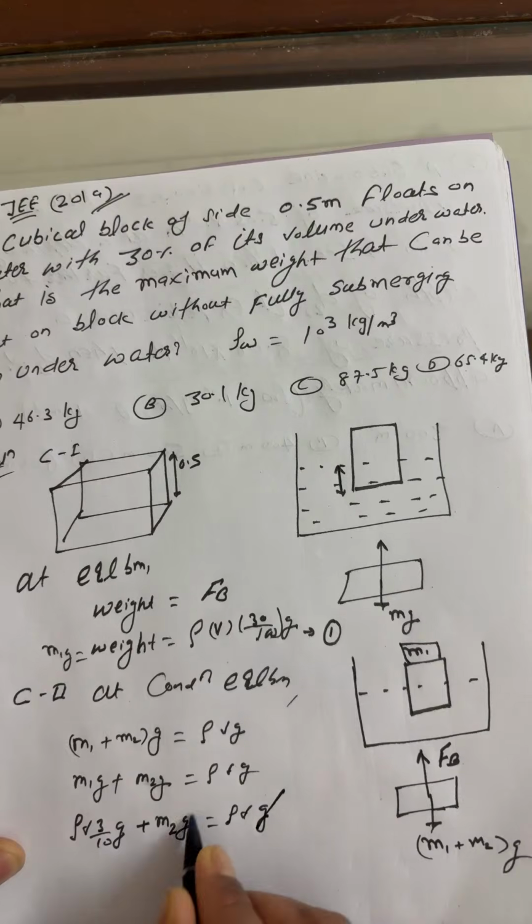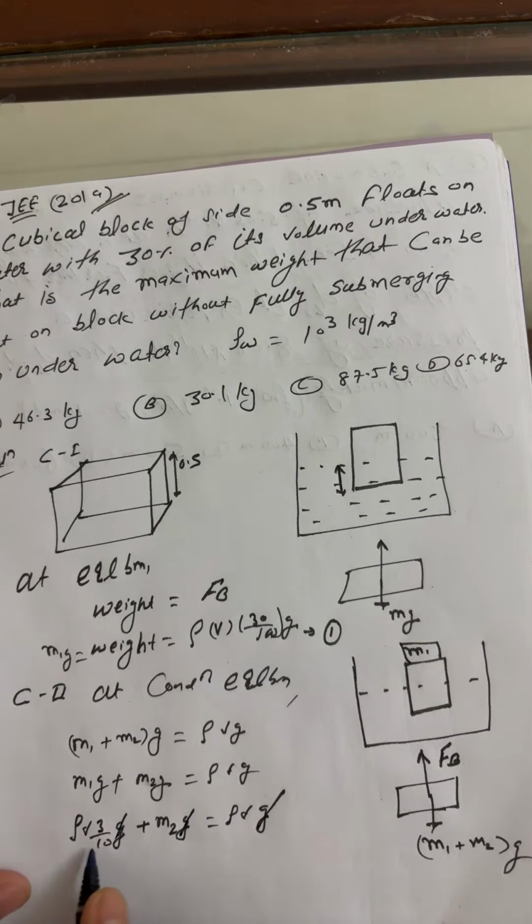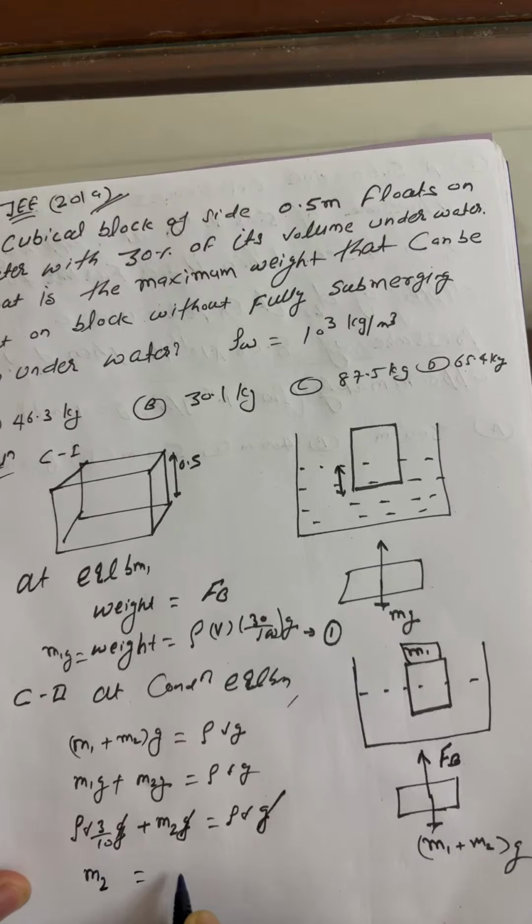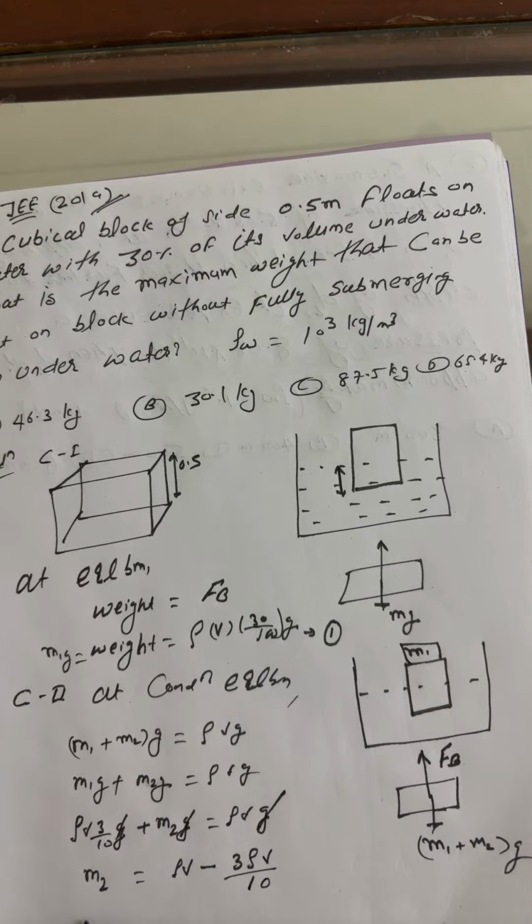You can cancel g everywhere. So M2 equals rho V minus 3 rho V by 10. Just take the LCM.